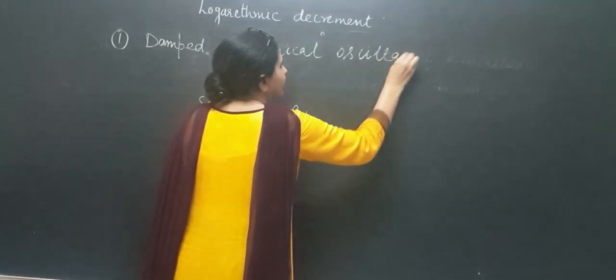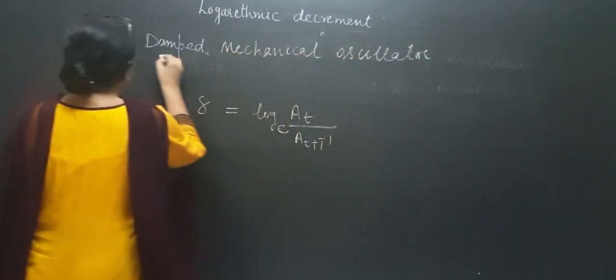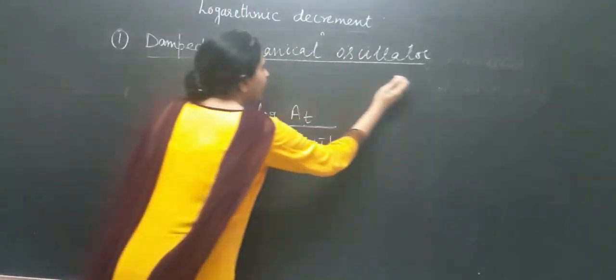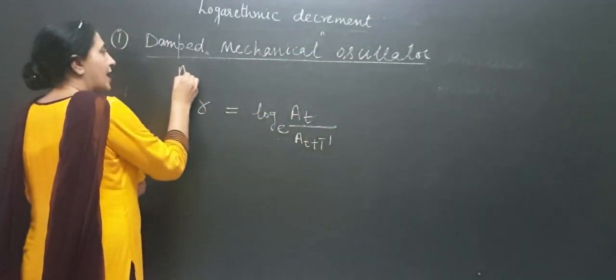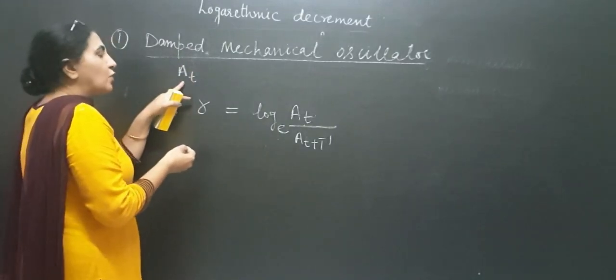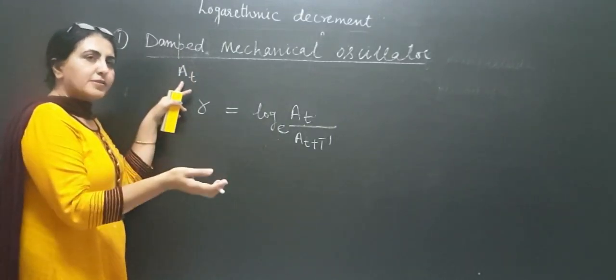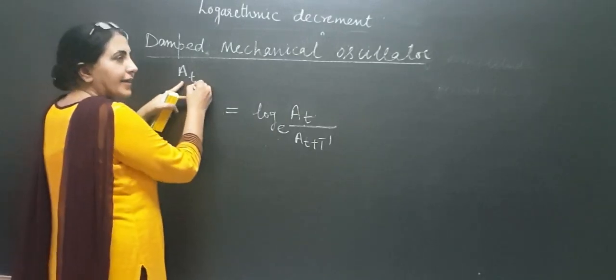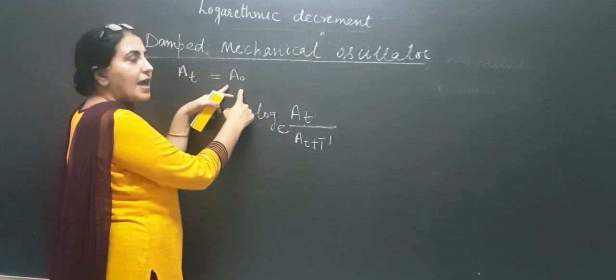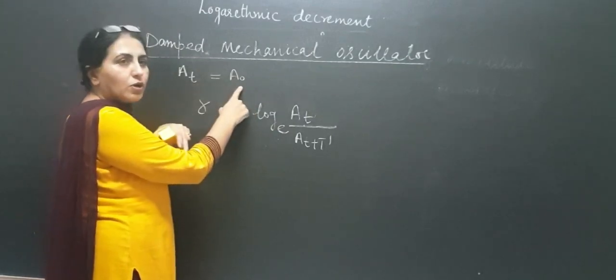In the case of a damped mechanical oscillator, what is the value of A t? As we did in the case of relaxation time, the amplitude decreases exponentially. So at any time t, it is equal to A naught e raised to power minus bt, where A naught is the original amplitude, the amplitude at time t equal to 0.